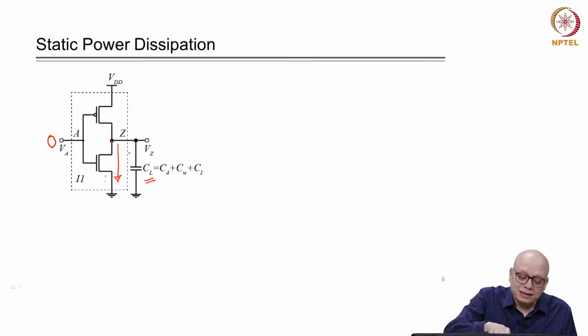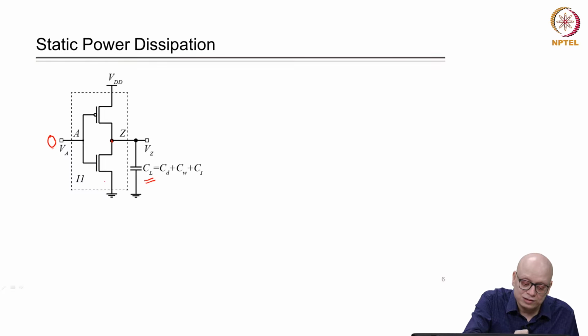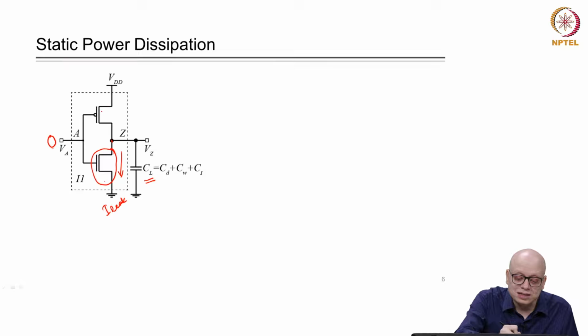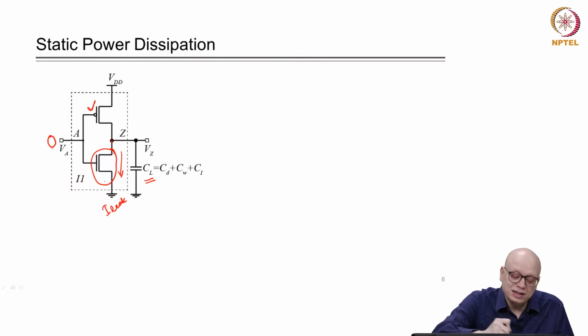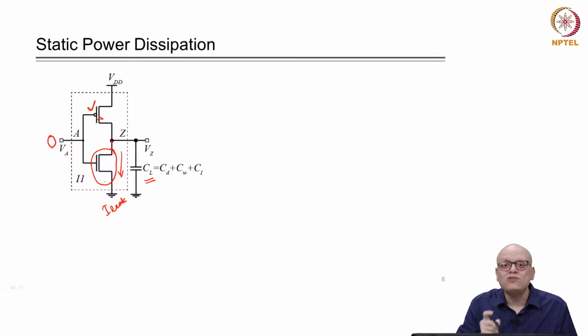When the input is 0, this transistor will be leaking current, and its value is, say, I leak. Whenever the input is 0, this PMOS is already turned on, so there is a path from VDD to node Z through a low resistance. The current, I leak, will be decided by this switched off transistor.